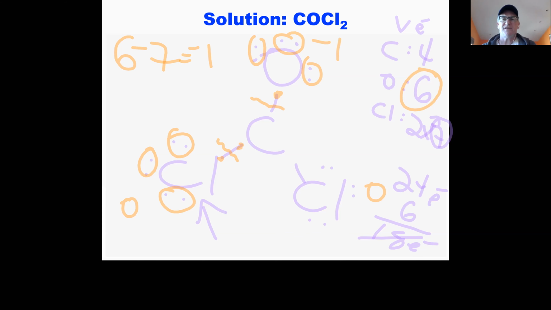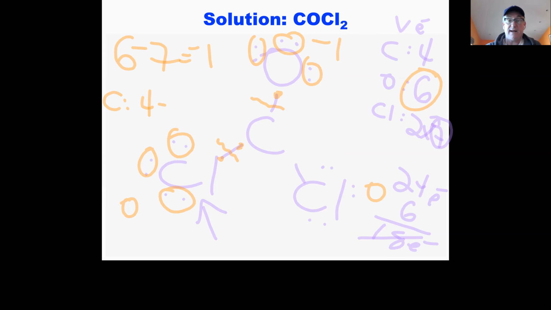What's the formal charge on the carbon? How many valence electrons should carbon have? Four. How many does it actually have in this picture? Only 3.